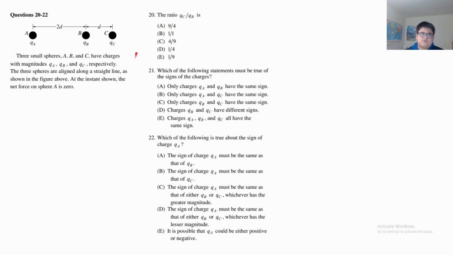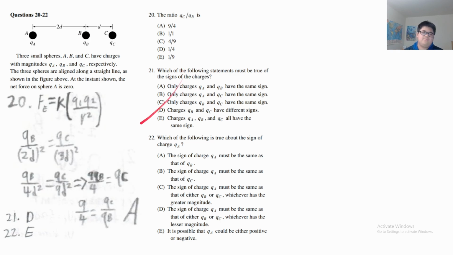Basically, what is the ratio of QC to QB? Well, the electric force of charges is equivalent to K, which is 1 over 4 pi epsilon naught, times the charge of charge 1 times the charge of charge 2, all of that over r squared, r being the distance.